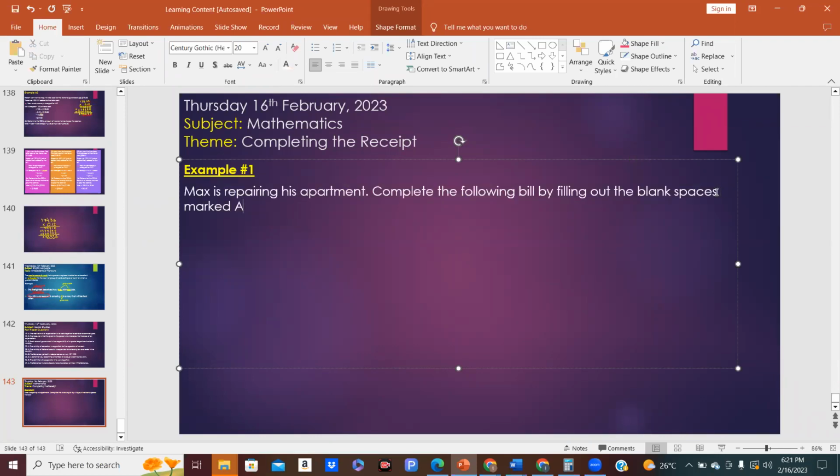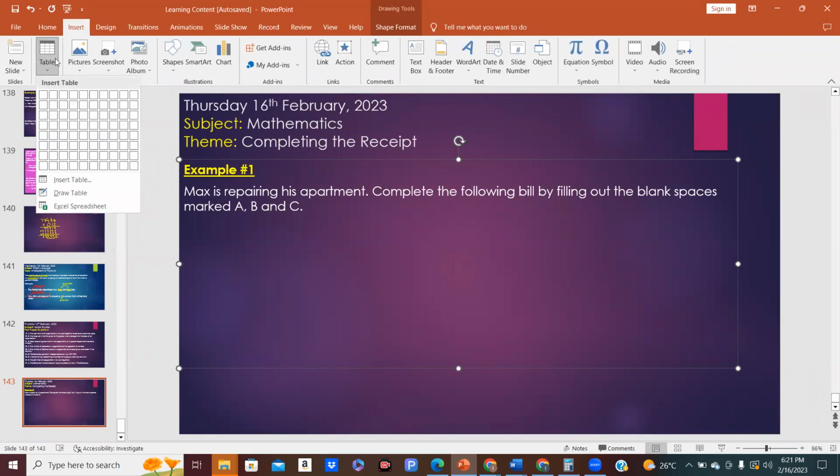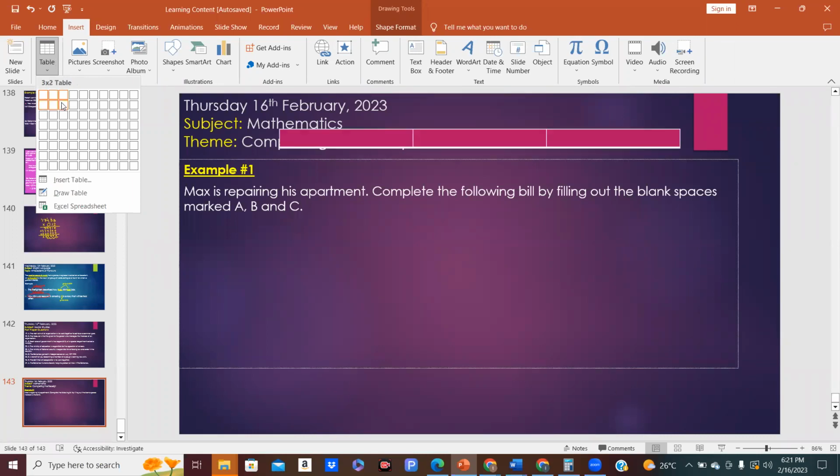Mark A, B, and C. So you're going to insert a table. You're going to need 5 rows and 3 columns.